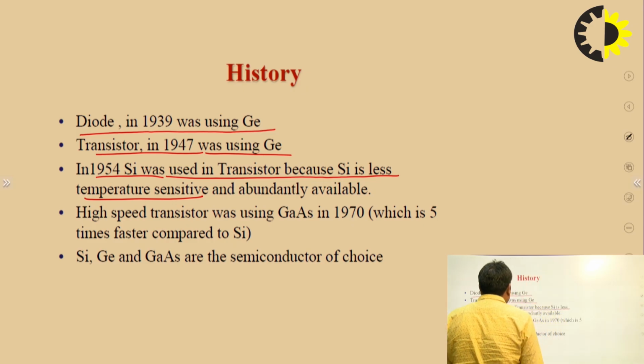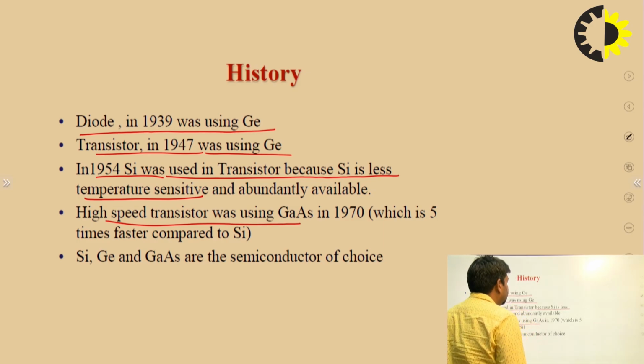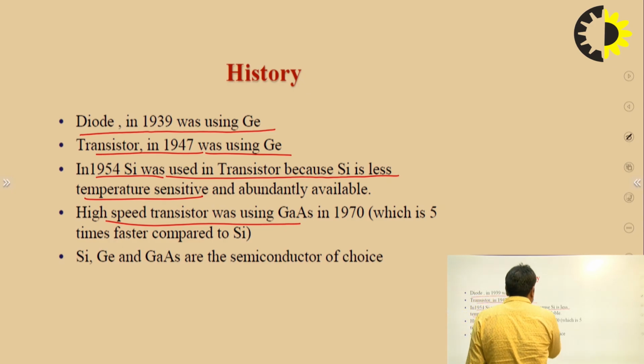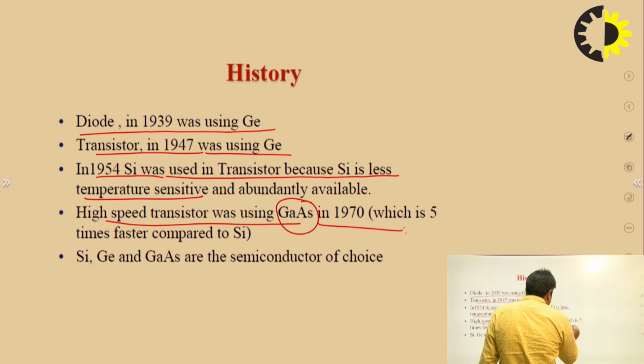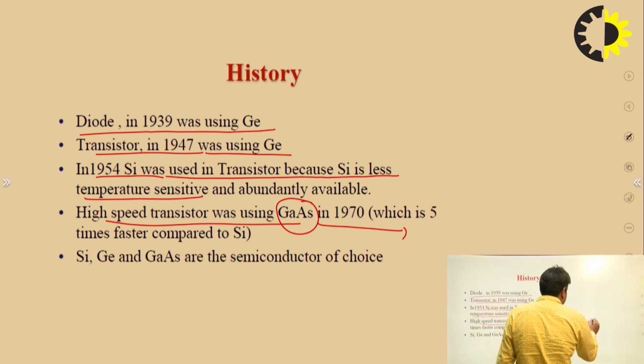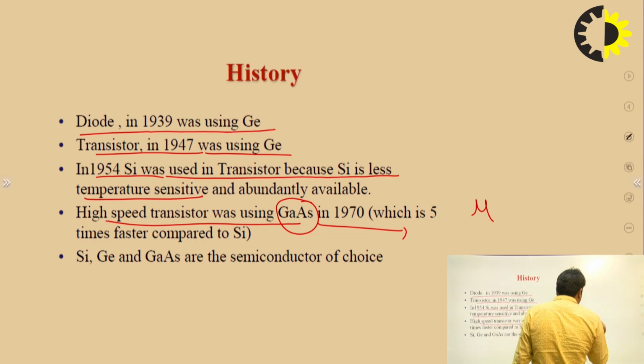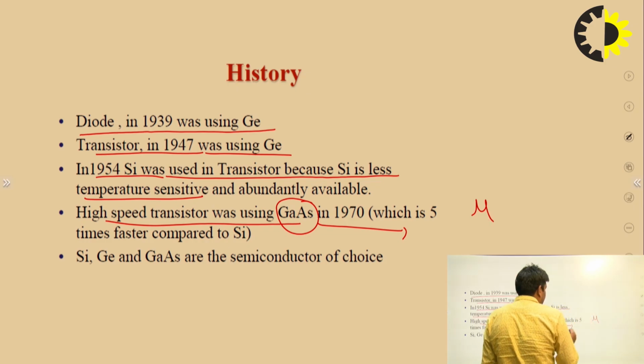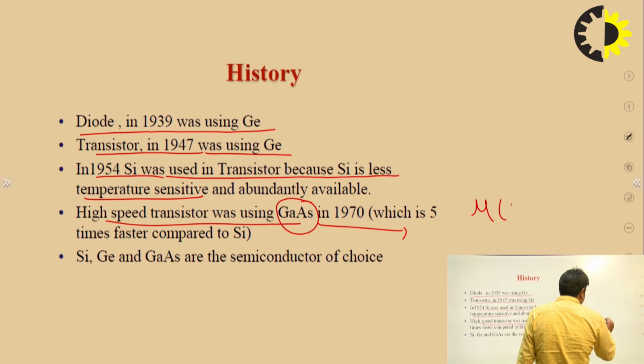And if we want a high speed transistor, we use a gallium arsenide based diode, because gallium arsenide is a compound material or direct band gap material. The mobility of that material is high, about 5 times higher than that of indirect band gap materials.